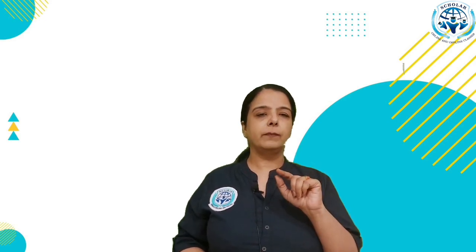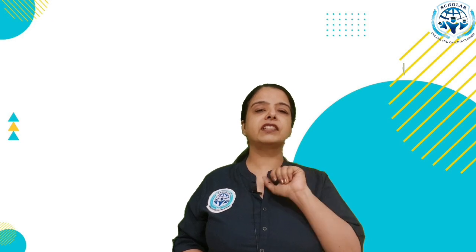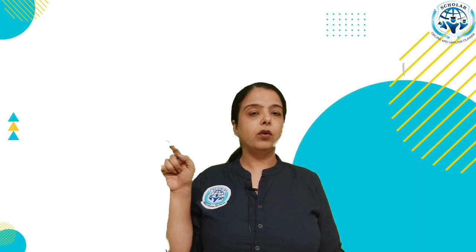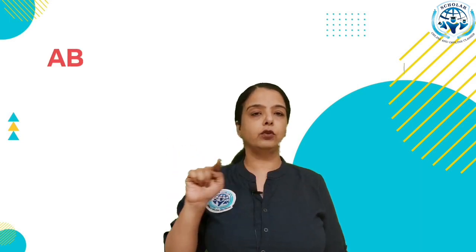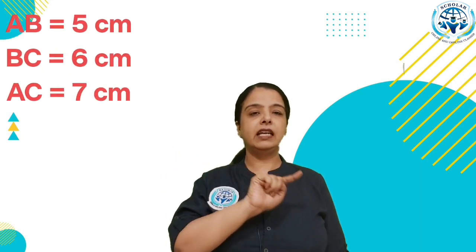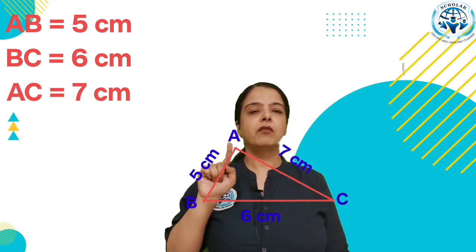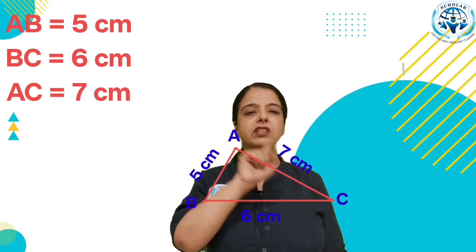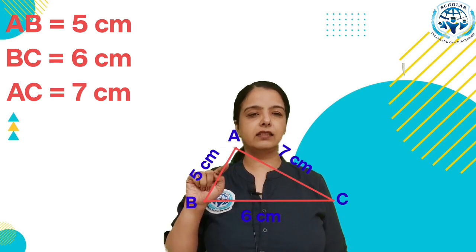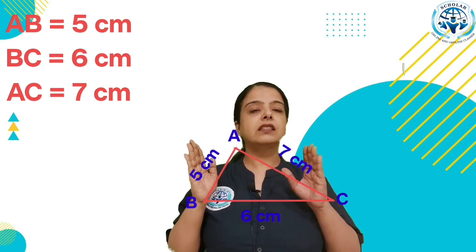First of all, we will draw the rough sketch of the triangle. The lengths of the three sides are as follows: AB, BC, AC. Now we will draw the rough sketch like this: 5, 6 and 7. This is 7, this is 5 and this is 6. 6 is the base. This is the rough sketch.